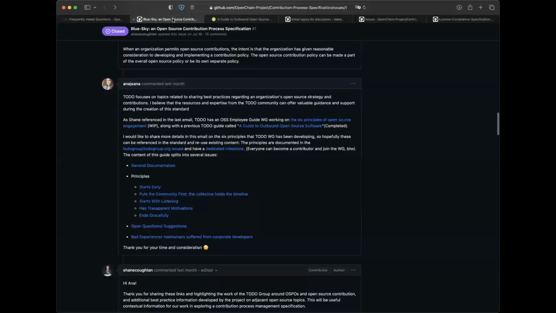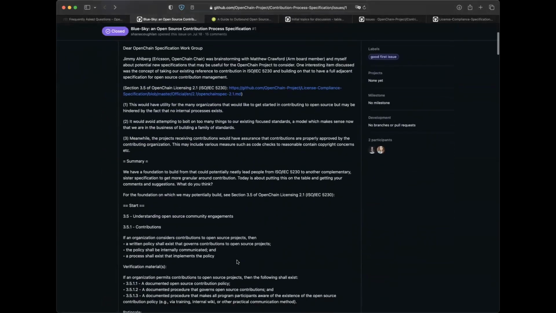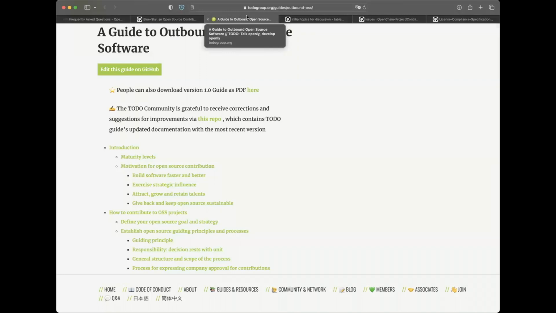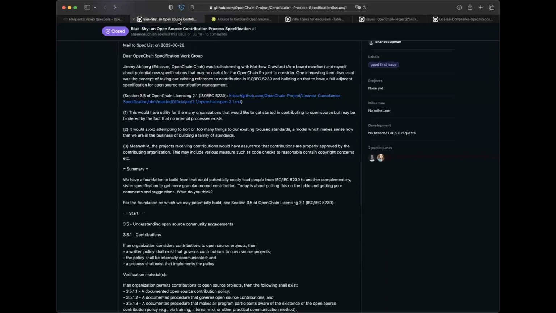So what we do should ultimately be super high level, not reinventing the wheel, but providing a way to have a baseline for quality, and then for people to quickly dive deeper into places like the TODO Group material and so on for details, the how. So we do the big level, process management, trust and supply chain, and then people go to the how with things like the TODO Group material.